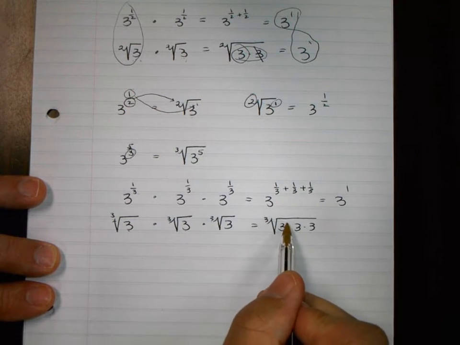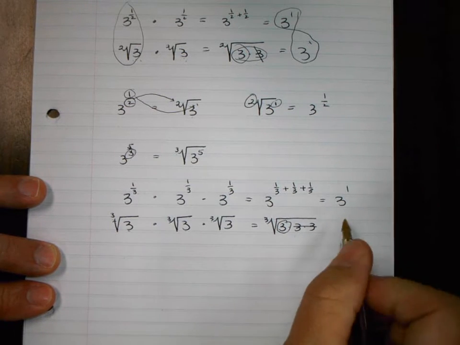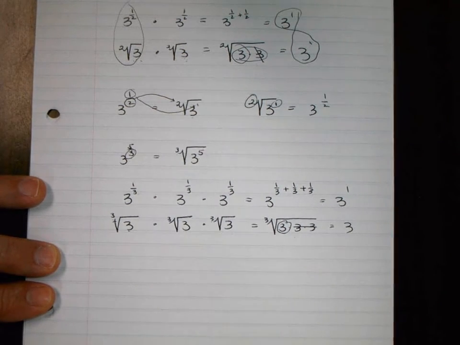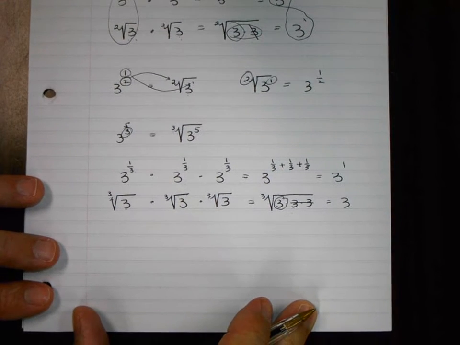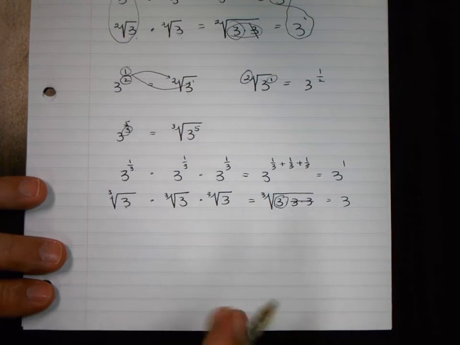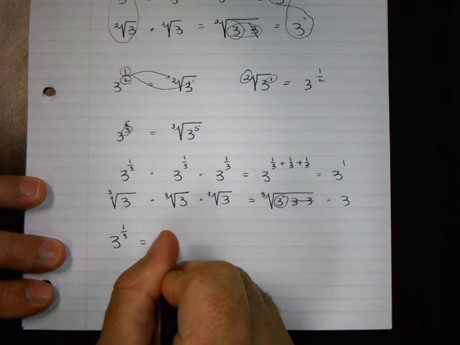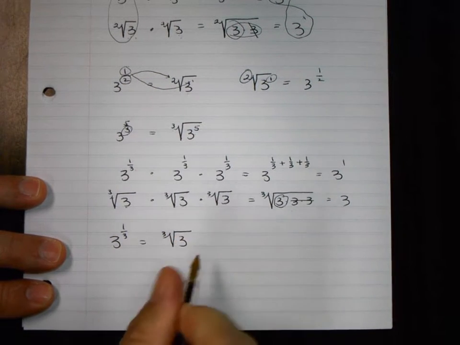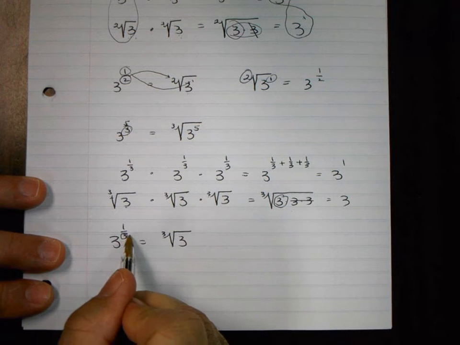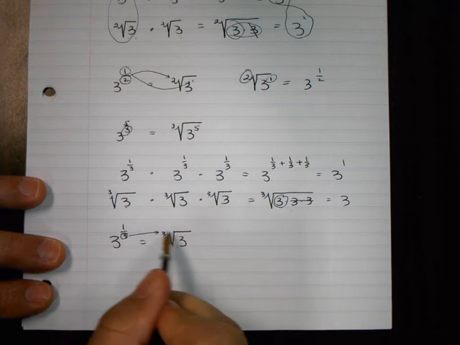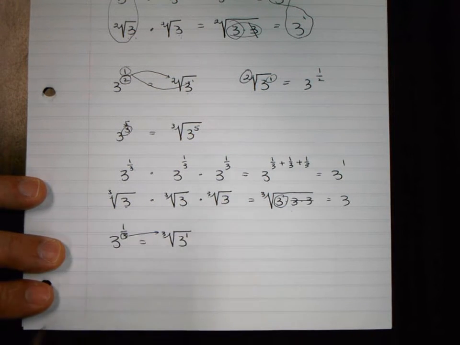Third root means it takes 3 to get just 1 out. So again, what does that tell us? It says that 3 to the 1/3 equals the third root of 3. The denominator is the root, and the numerator is the exponent.